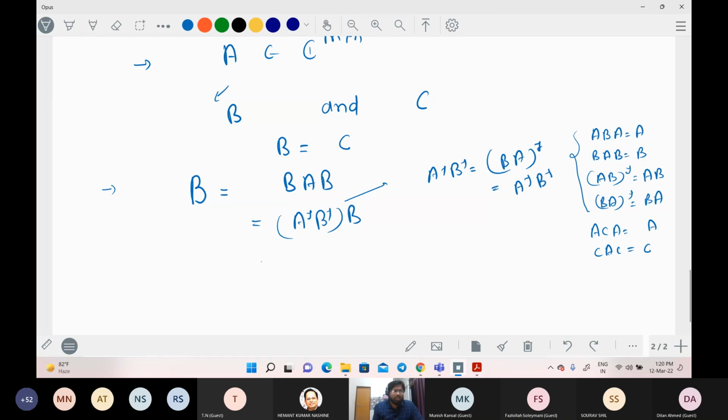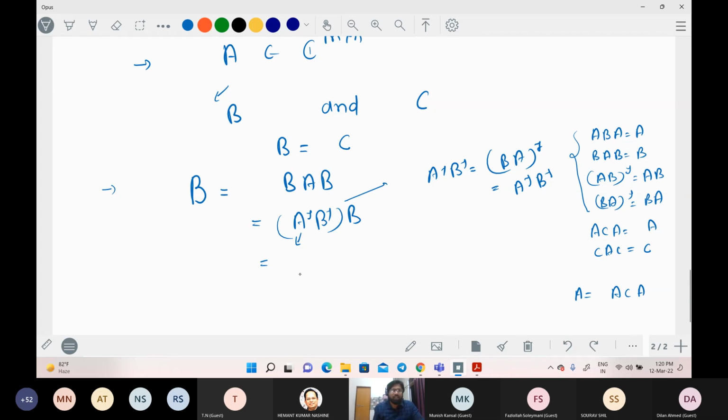Okay, and similarly, I want to introduce C also. So in place of A, what can I write? I can write A as ACA, because C is the Moore-Penrose inverse of A, so ACA is equal to A, Penrose condition 1.